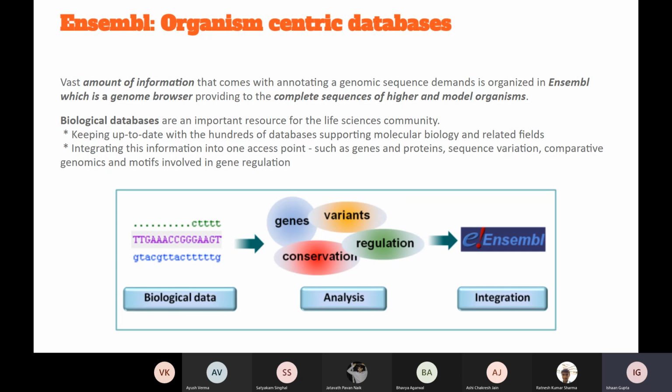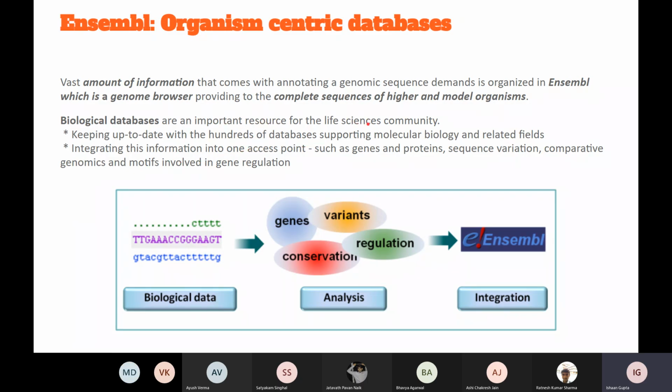In these organism-centric databases also, they have different versions depending upon every update in terms of the human genome, let us say, or the bacterial genome that they are specifically based around.